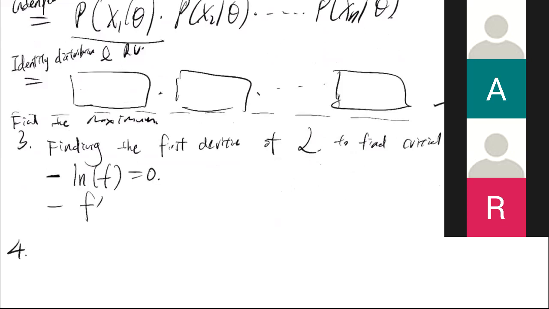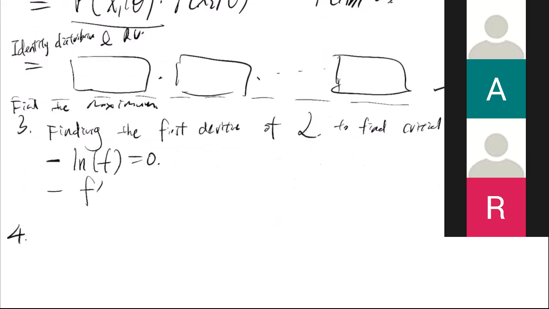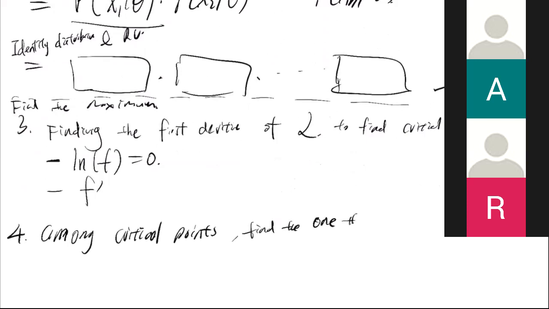And then on the third step, you are finding the critical points, and among the critical points, you want to find the one that is the global maximum.